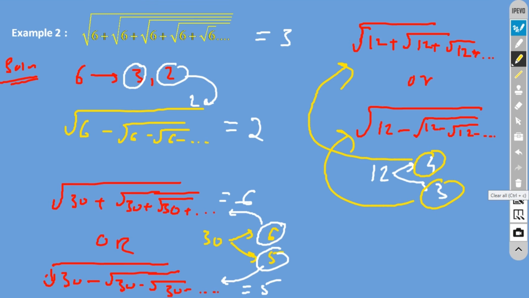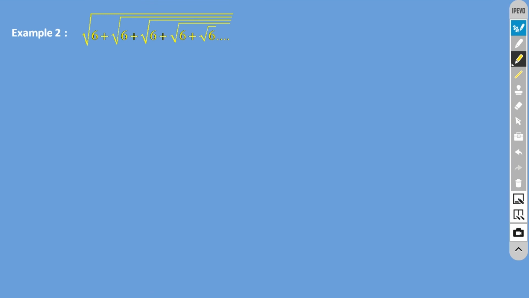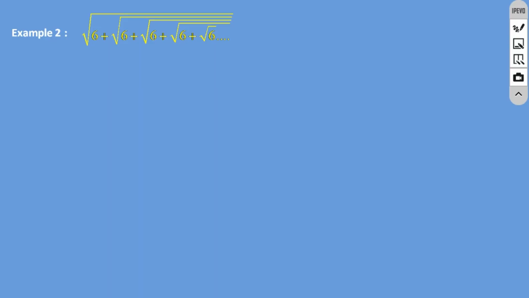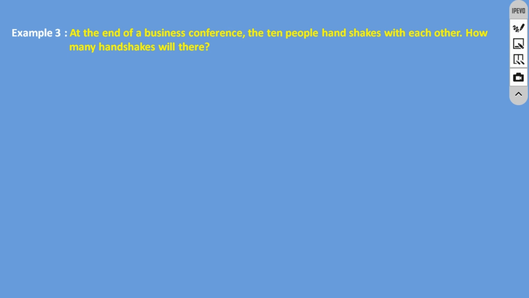Now let's move towards the third example. At the end of a business conference, the 10 people shake hands with each other. How many handshakes will there be? Now, this is one tricky question.